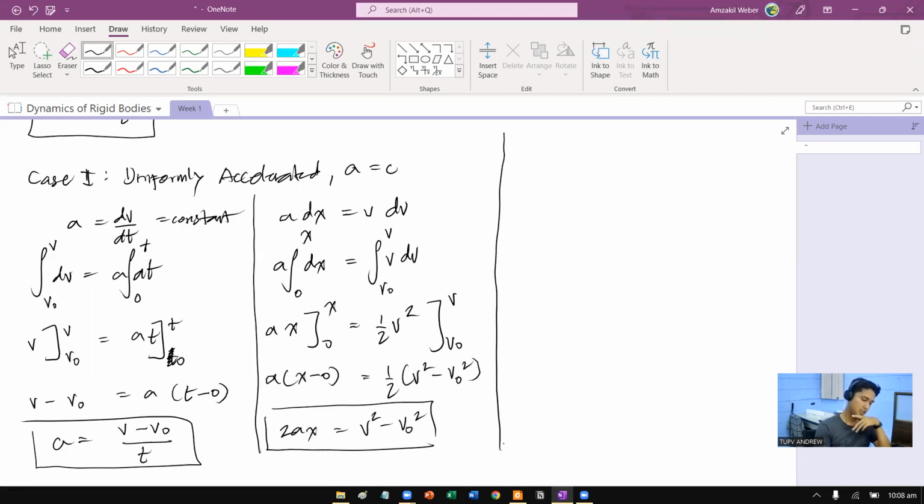What about v equals dx dt? We use this one. Let's see. d dt dx. We cannot because v should be a function of t.